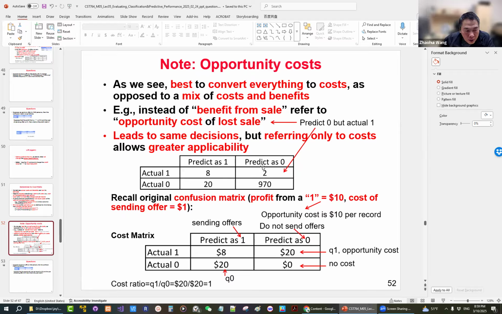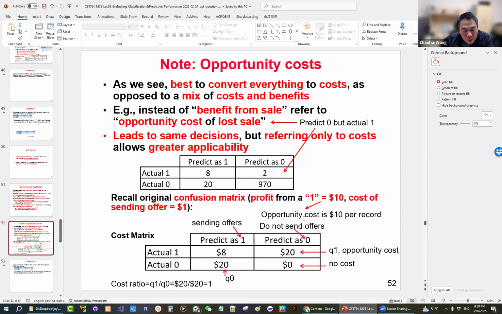For these two cases, predicted 0, actual 1, because we didn't send out the offer, but they are potential responses. So we will treat this as a cost. This is the opportunity cost. One opportunity cost will be $10.